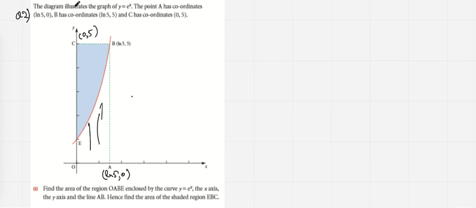So we simply use our basic formula of finding area with the help of integrals. You see the x value is going from the origin to point A, right? So the limits go from the origin to ln 5, integral of y dx.